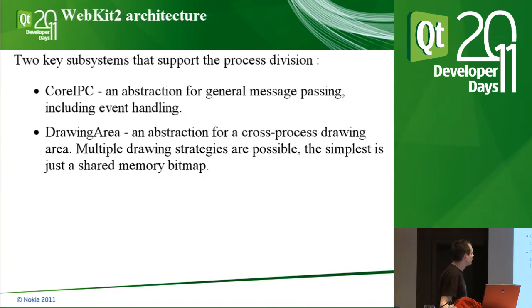So there are two key subsystems that support the process division in WebKit 2. There is something they call Core IPC. It's an abstraction for general message passing between processes, right? It's so that the processes can communicate together. See it as a very, very simplified version of D-Bus, basically, on Linux. They made their own because, for instance, Apple came up with the WebKit 2 project, right?